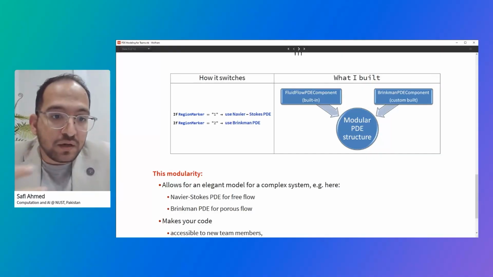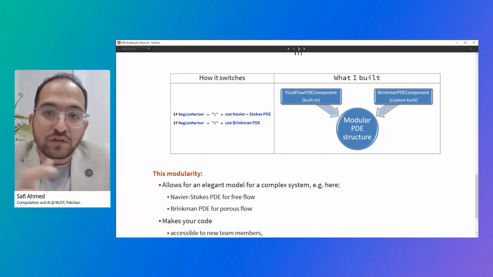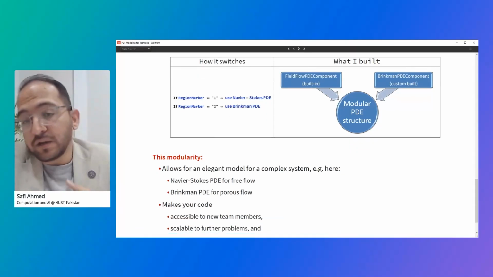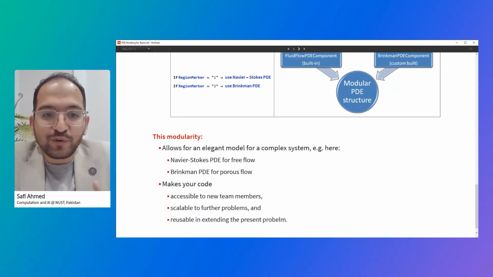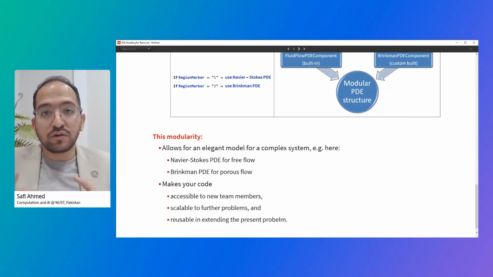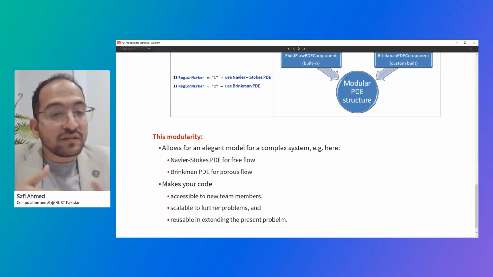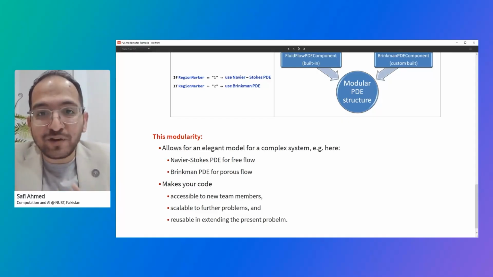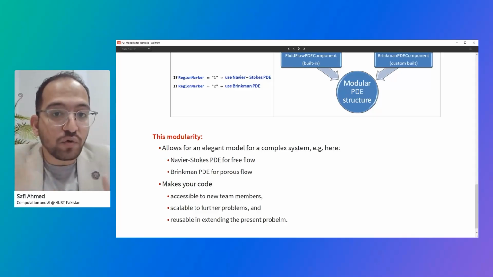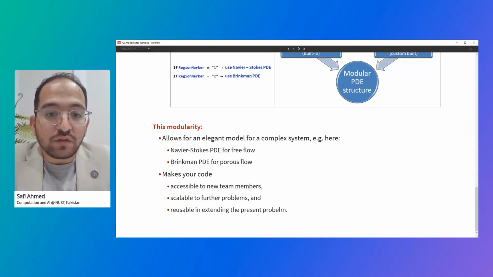For instance, in my system, I had the Navier-Stokes equations for the free flow and the Brinkman equations for the porous flow. What this modularity allows is that it makes your code accessible to new team members, and it also makes your code scalable to further problems and reusable. If you want to extend your existing code or your existing problem, then this kind of approach can make your code reusable.